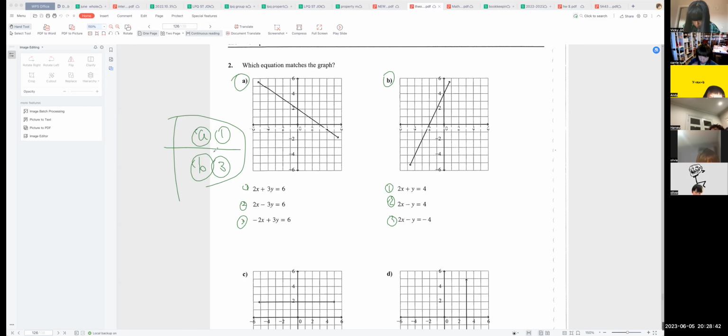Uh-oh, my computer broke. Wait, we need to do A1 and B3.